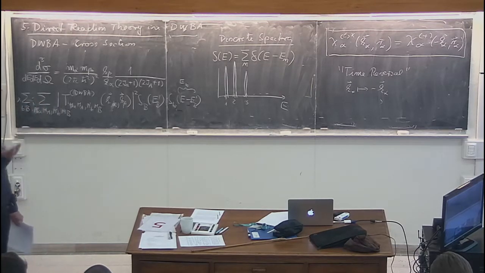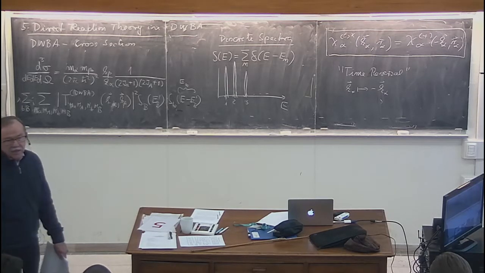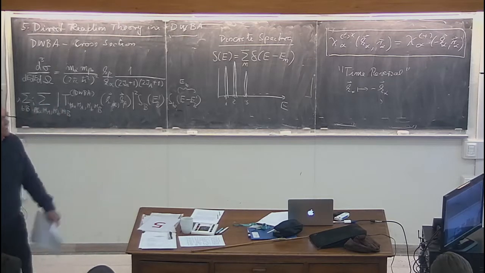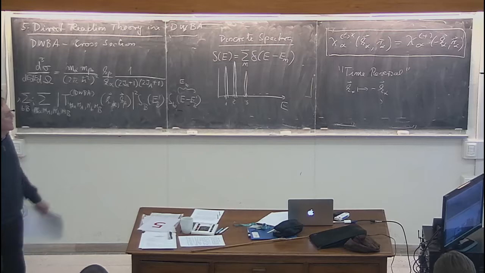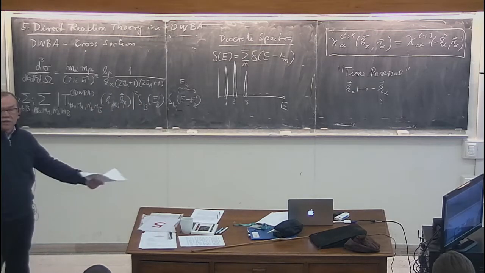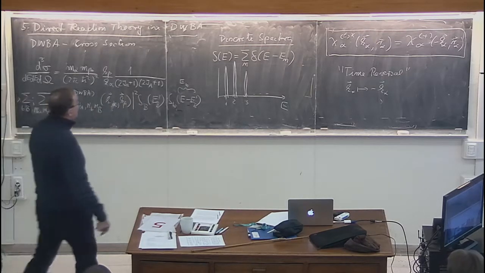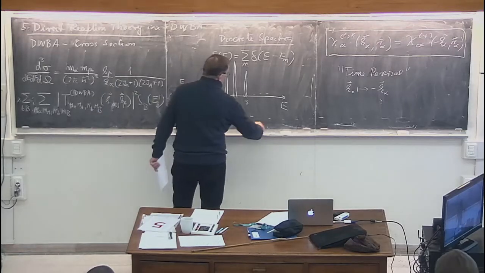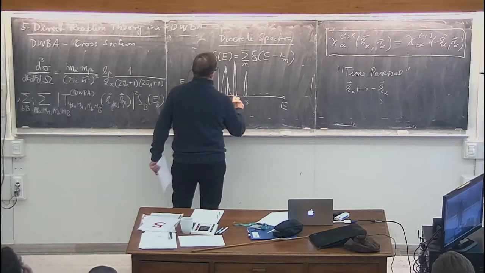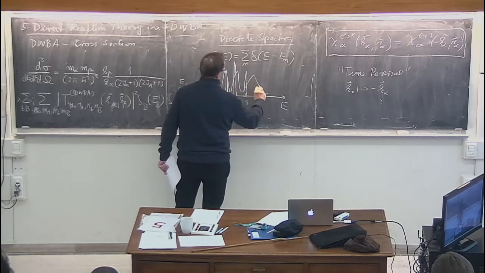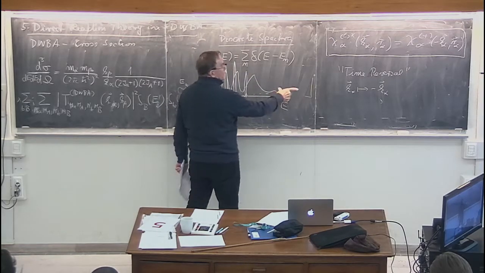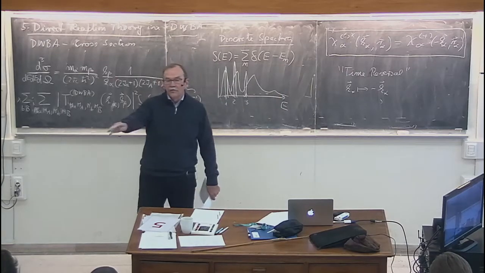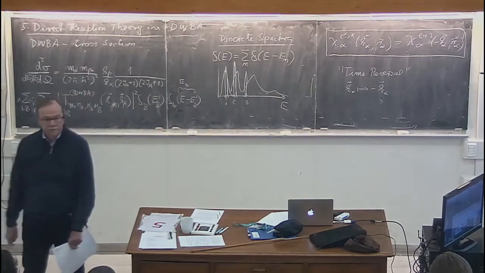Like Simonel has discussed in this TD-HF or TD-RPA, and I think Baraka is also discussing these damping effects. Then these delta functions become Lorentzian distributions, and the spikes become overlapping distributions like this. The higher I go in energy, the broader the state is, so the flatter the spectrum becomes.